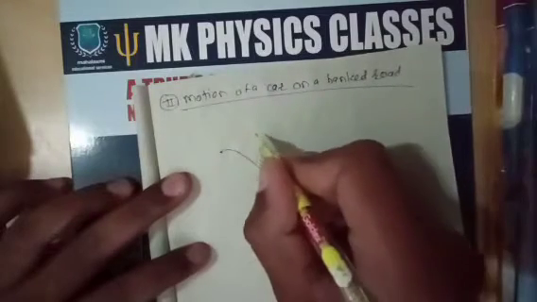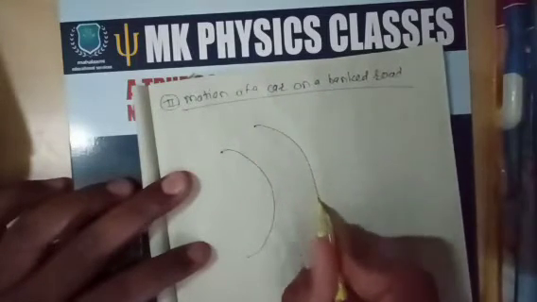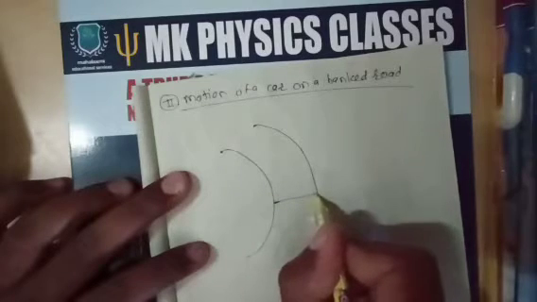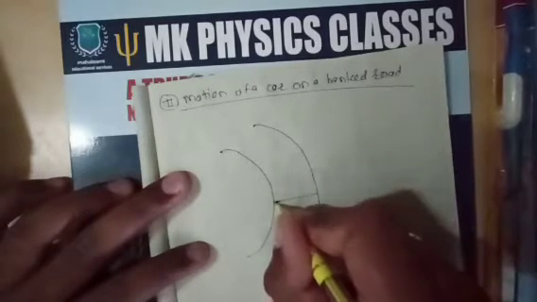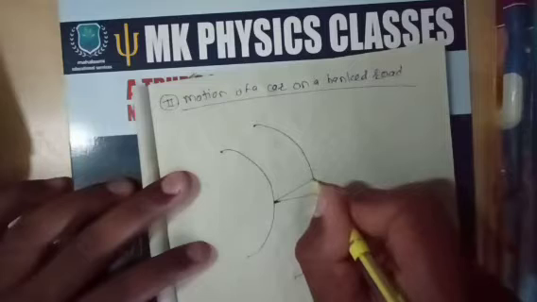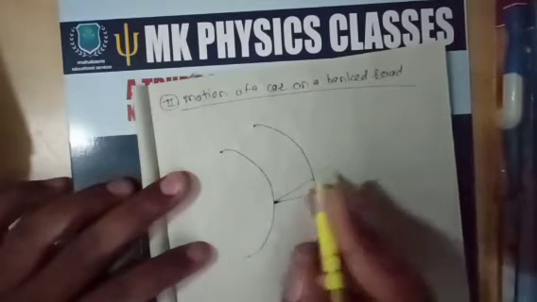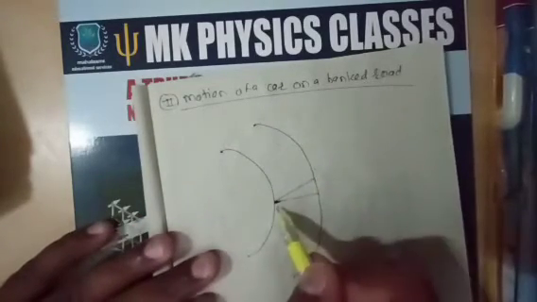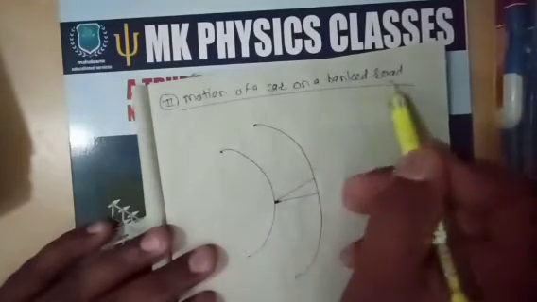Means when you have traveled in a circular path, in that case this is the level road, but the outer edge of the road will be higher as compared to the lower edge. This is known as a banked road.